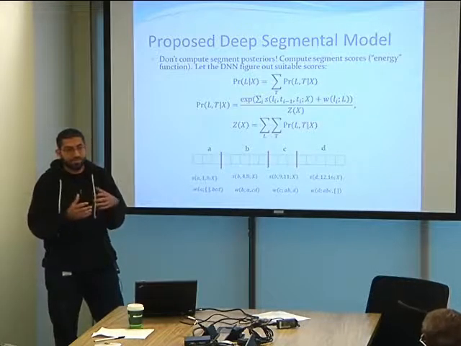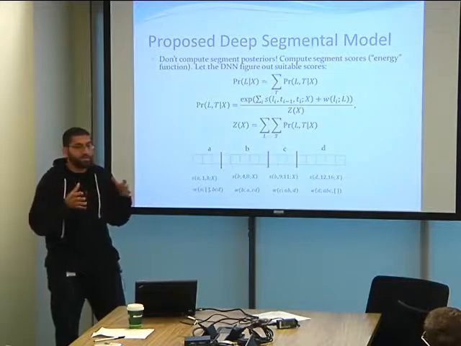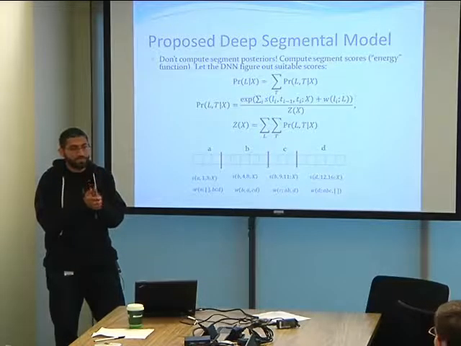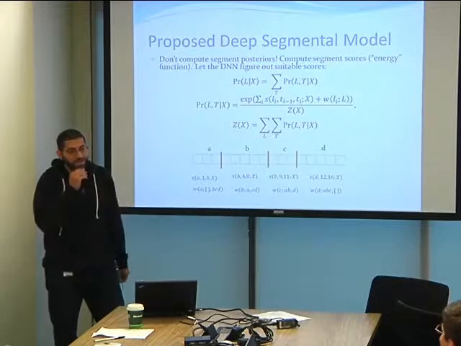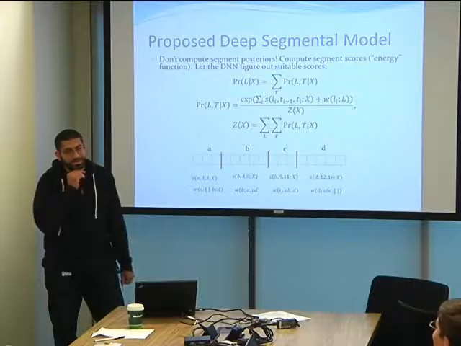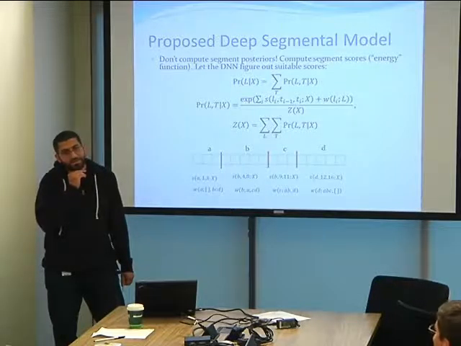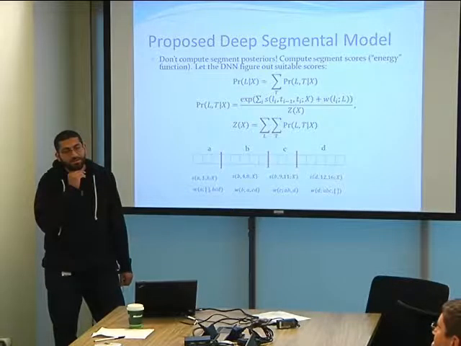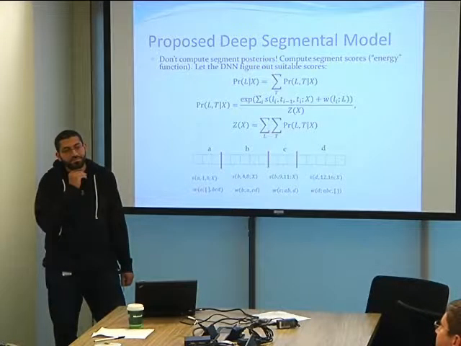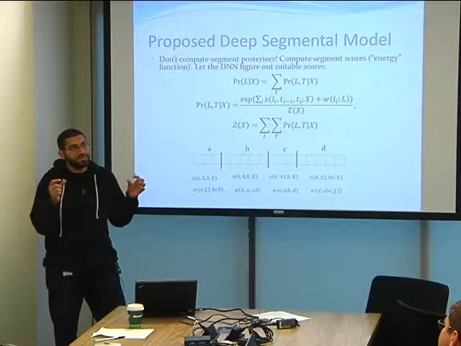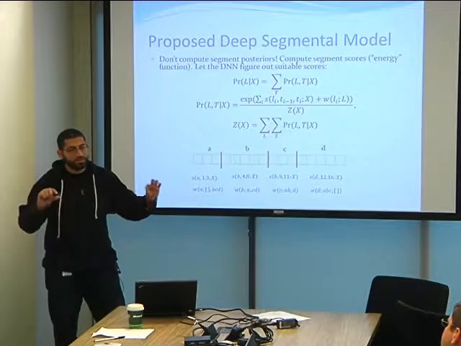The motivation for this model is that we have a neural network compute some nice scores. But here you will consider the features from the lower layer, not the top layer.